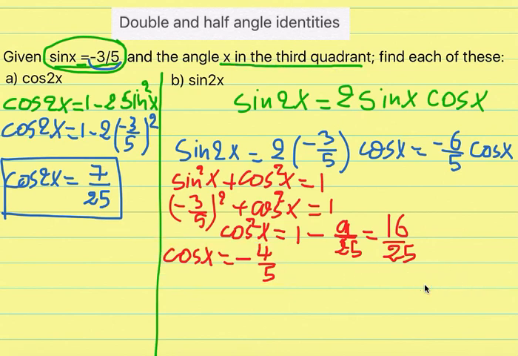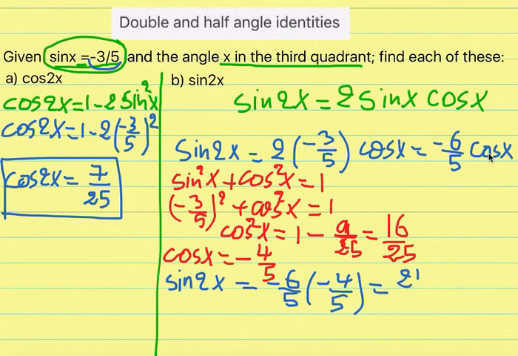That would help you if you are allowed to use a calculator anyway. Now we found the value of cosine. We just plug it in our last working here. We stopped here before we started finding cosine. We found cosine, we just plug it here, and we get sine 2x equals minus 6 over 5 times cosine, which is minus 4 over 5, multiply to get 24 over 25.